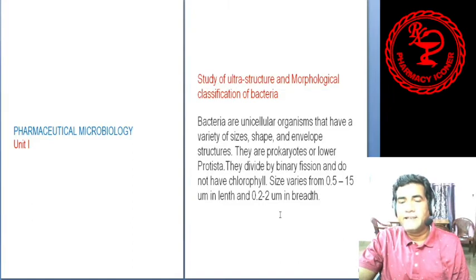These bacterial cells divide by simple binary fission, and they do not have chlorophyll. The size range for length is 0.5 to 15 micrometer and width is 0.2 to 2 micrometer. So this is bacteria: prokaryotic in nature or lower protista, unicellular, without chlorophyll, and with the dimensions I told you.